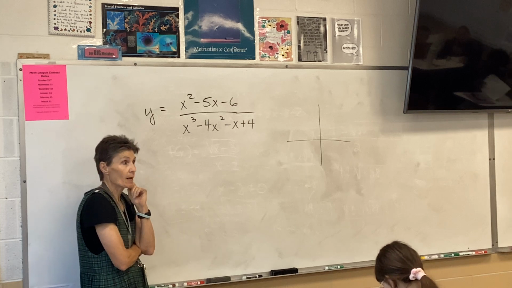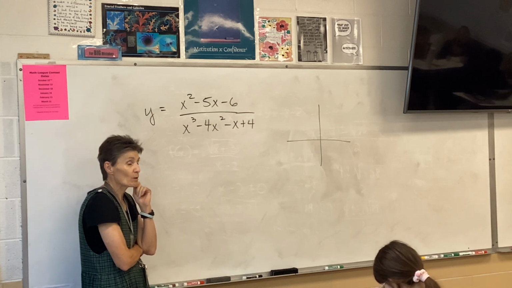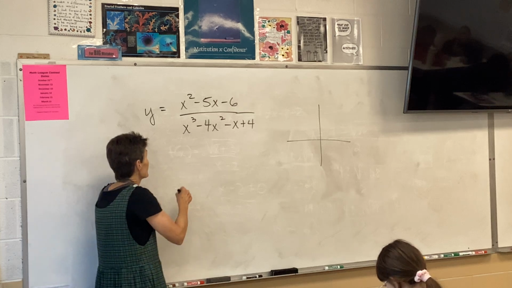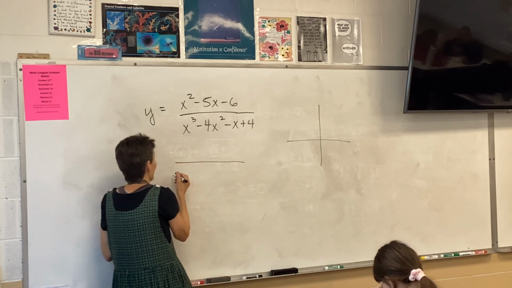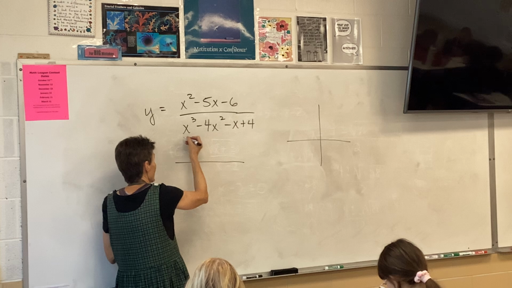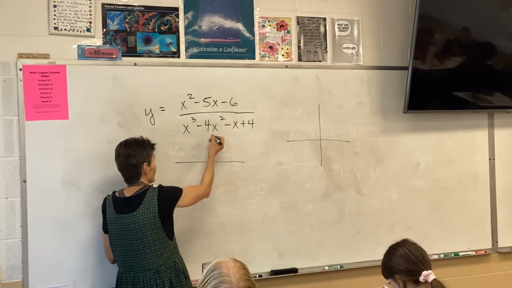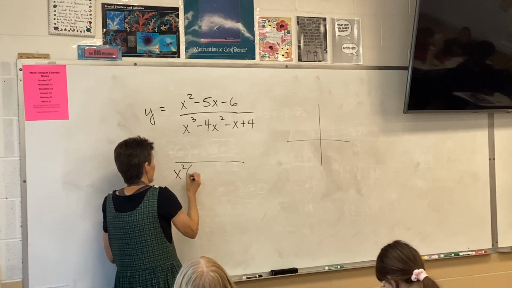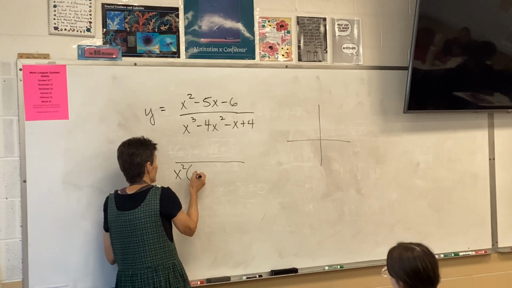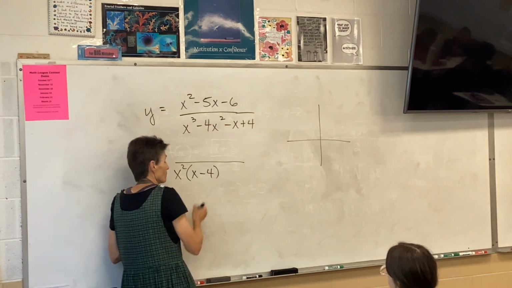Okay, can the denominator be grouped? Remember you had a test question, you had to group it? So let's go ahead and do that. I'll group my bottom. So how can I group that? I can take out an x squared and be left with x minus 4.